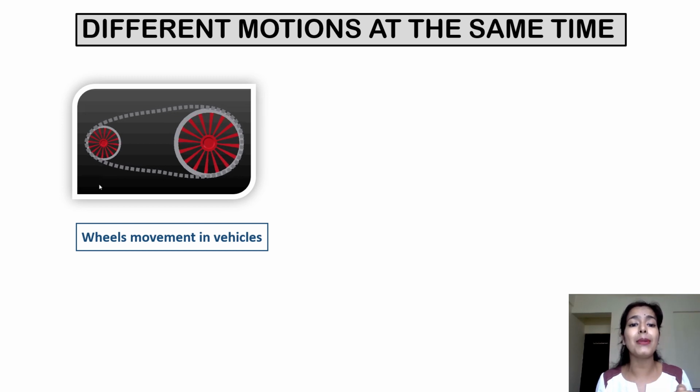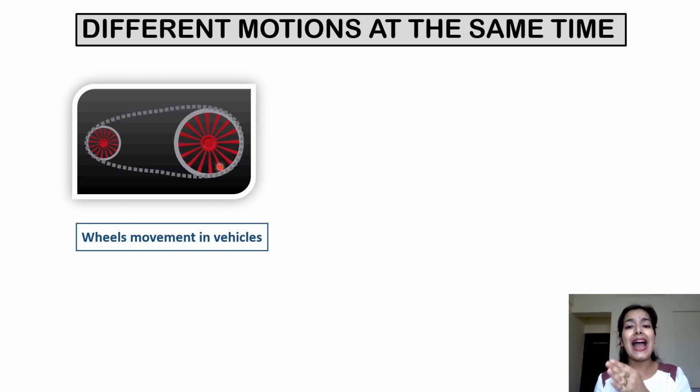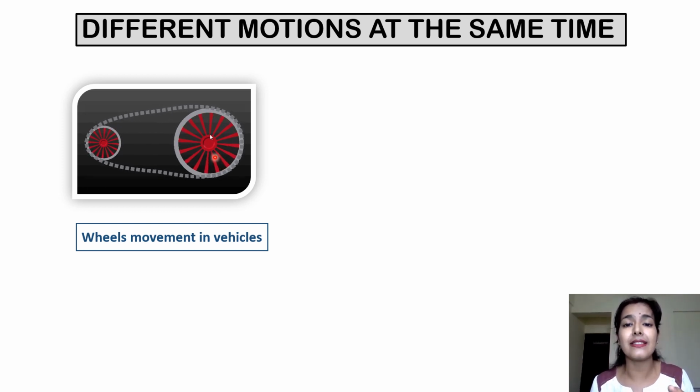Let's take an example of moving wheels. In this, you can say that as the wheels are moving around their axis, they are doing rotatory motion also. And if a vehicle or a cycle is moving on a straight line, then the body is doing translatory motion also. In translatory, rectilinear we can say. So here the body is taking two types of motion. One is rotation and one is rectilinear motion.